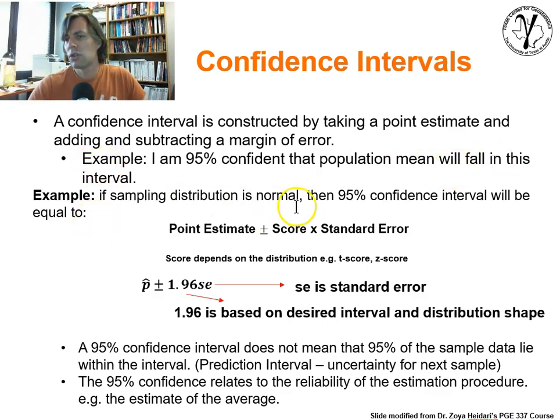If a sampling distribution is normal, then a 95% confidence interval would be equal to the point estimate plus or minus a score, which would be a z-score if it's Gaussian distributed, times the standard error. Now, if it's Gaussian distributed, the 95% confidence interval, as we looked up in that previous table, is equal to 1.96, and that would be our z-score, and we would apply that to the standard error.